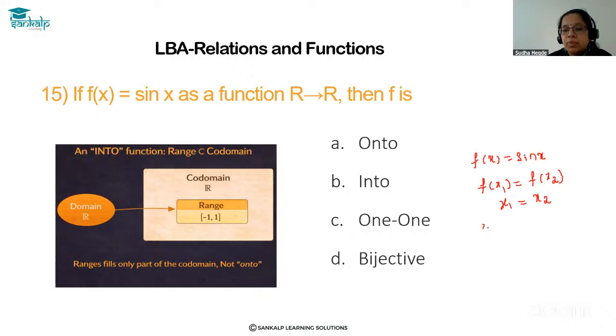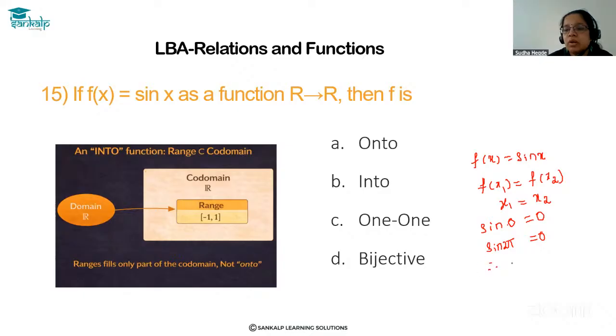For example, what is sin 0? Sin 0 is 0. What about sin pi or 2 pi? It's also 0. So 0 and 2 pi both have the same image.